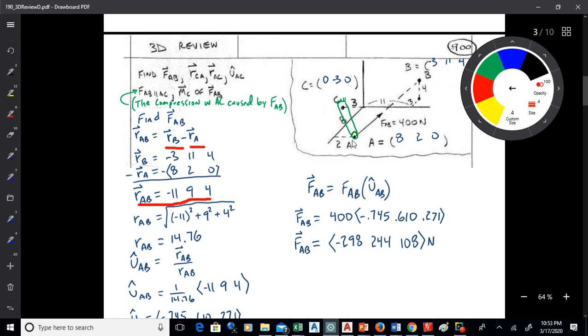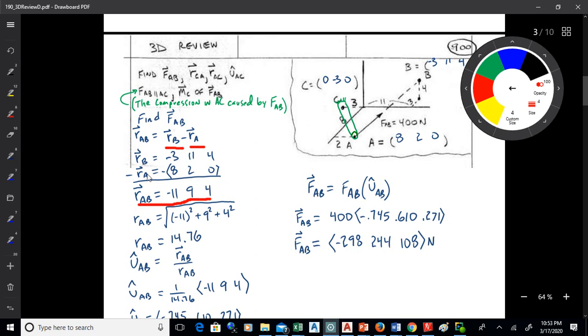You do that by looking at the dimensions. So for instance, to get from the origin to B, you're going -3 in the X, 11 in the Y, and 4 in the Z. To get to A, you're going 8 in the X and 2 in the Y. And to get to C, you're going 3 in the negative Y direction.